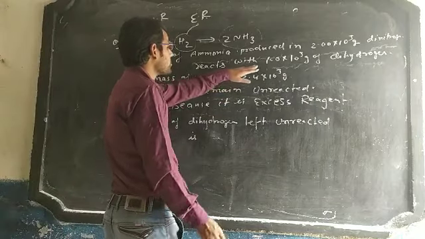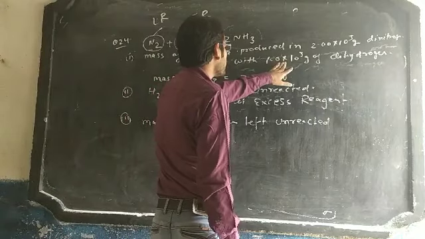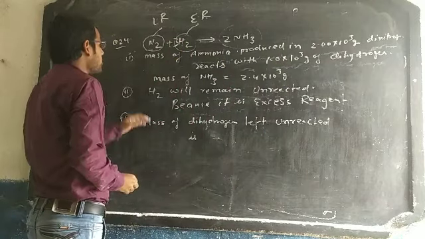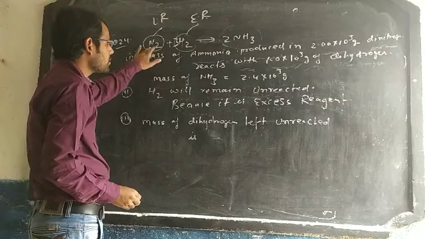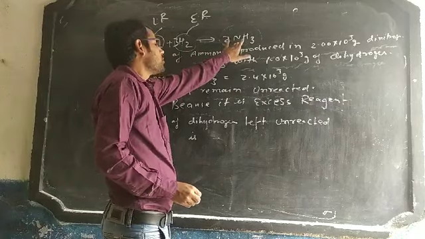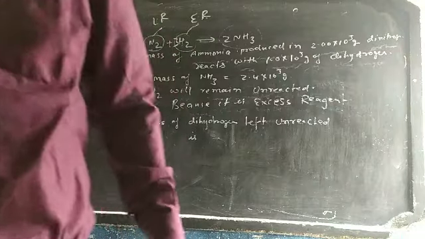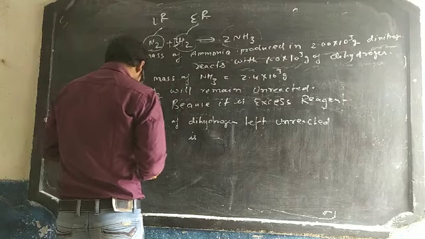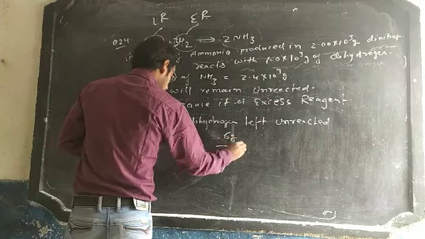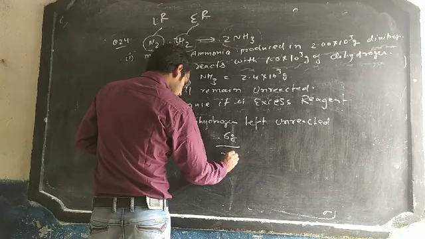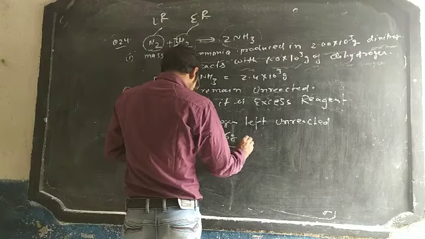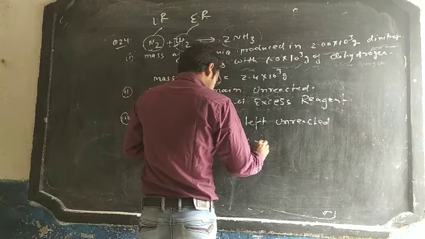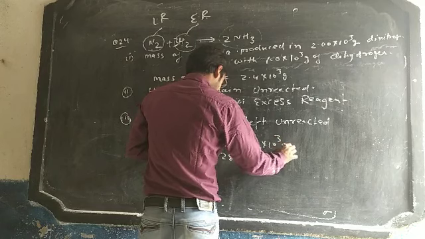Here the dihydrogen, 1.0 × 10^3, means originally it is 6 gram. So 6 upon 28, this is the 28, this will be the 34 gram. So how much grams of that? You can solve in this way also. 6 gram divided by 28 gram into 2 × 10^3 gram.